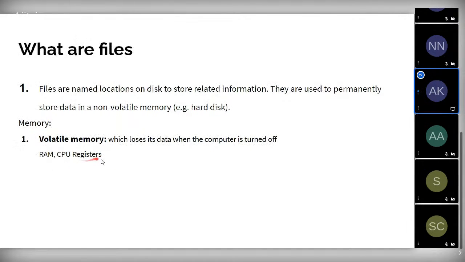I will explain what RAM and CPU registers are, but you just need to understand that it loses its data when the computer is turned off. Suppose I am playing this slide to teach you, and suddenly my computer is turned off, perhaps because its battery gets discharged.